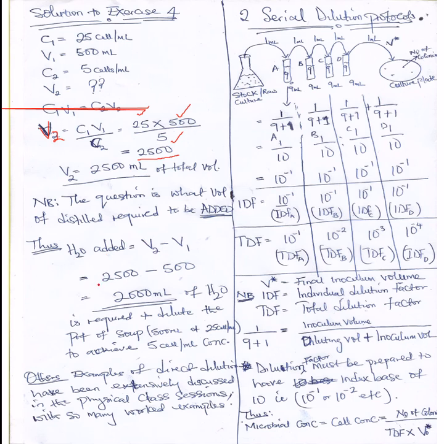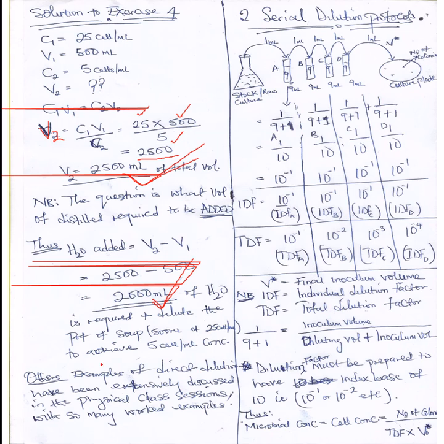The final is 2,500 minus 500. So what was added in order to dilute the sample from 25 cells per ml to 5 cells per ml was 2,000 ml of water. This is the answer you are looking for, and not the earlier one. If you stop there, your mark will not be complete. This is the final answer, so you have your complete mark.